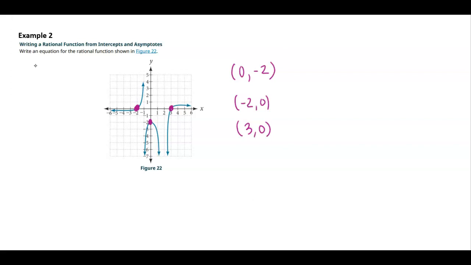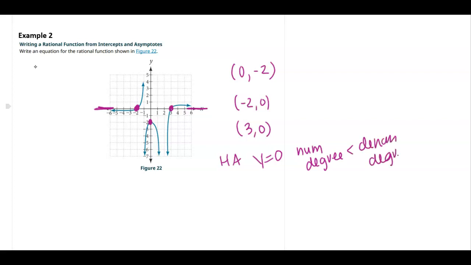It looks like my end behavior on both sides has a horizontal asymptote of y equals 0. Therefore, the numerator's degree must be smaller than the denominator's degree. And then it looks like I have two vertical asymptotes, x equals -1 and x equals 2.